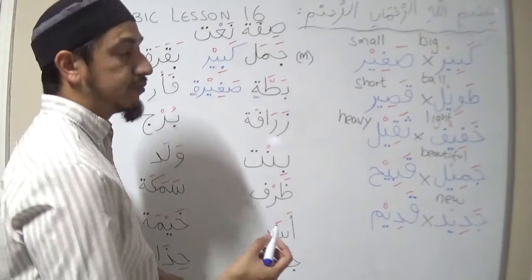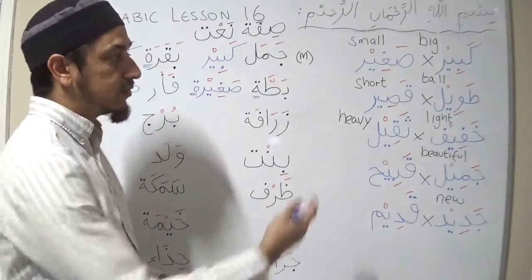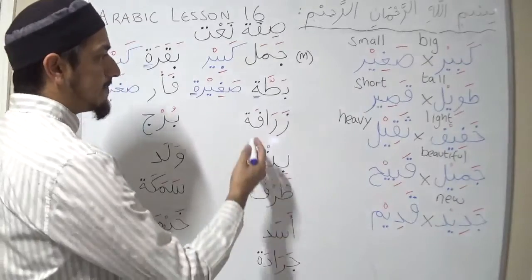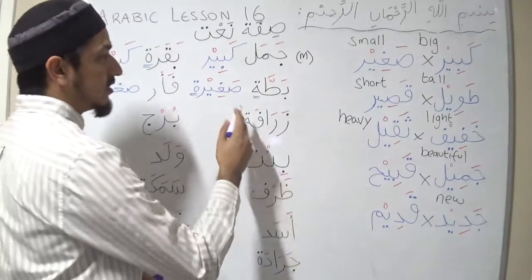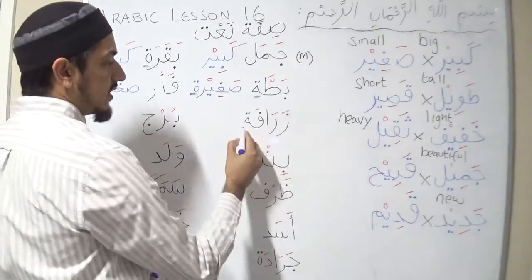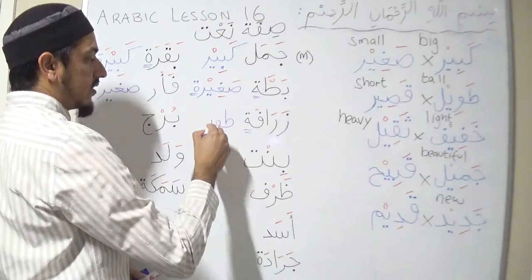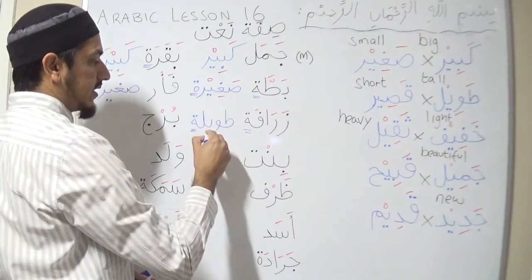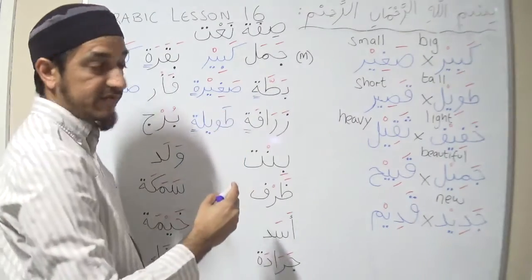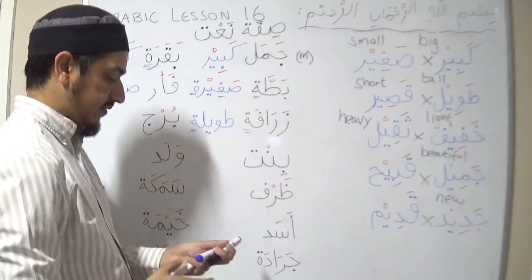If you paused it and carried on doing it and used tawil, excellent. Otherwise, zarafa, a giraffe. For the giraffe you're going to say tawil, but because it has the ta marbuta, we're going to say tawila with the ta marbuta at the end. A simple way to make it a feminine version of the adjective.